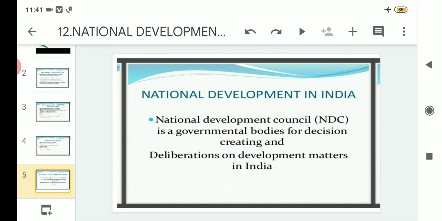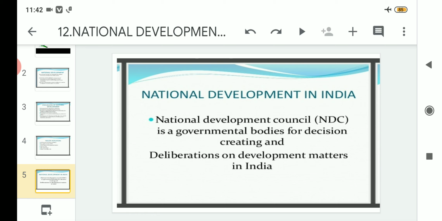So it will first create decisions, discuss some decisions, and after that it will work on the developmental matters required for or related to the national development of a country. So first it will make a decision, and after that it will work on those decisions, which is helpful for achieving the developmental factors related to the country.